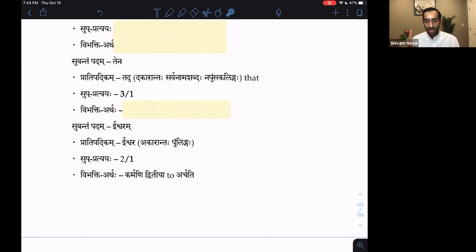The first case is the karta in Kartri Prayoga, right? So the third case will not be the karta. Okay. So there's a few answers that are coming in.